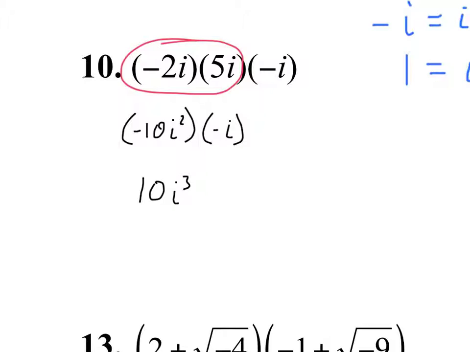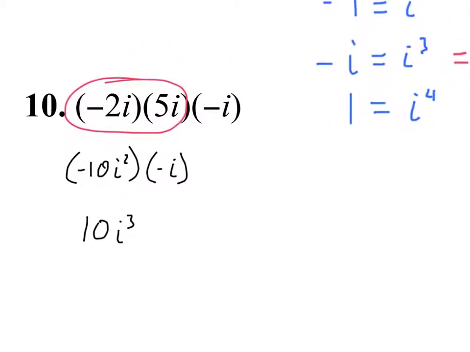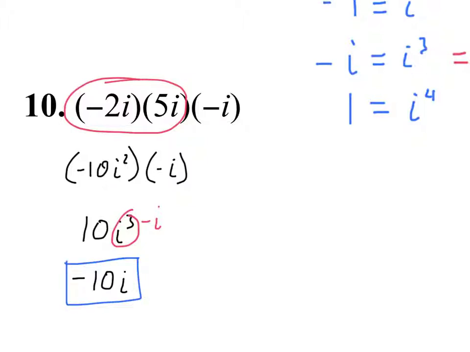But think back to your rule of i's. Your rule of i's are sitting right up here. If we have i cubed, it's what? Negative i. So i cubed is actually negative i, which means our answer is negative 10i. Now, that answer is the exact same thing you would have gotten, because some of you wanted to reduce it when we were back up at this step.